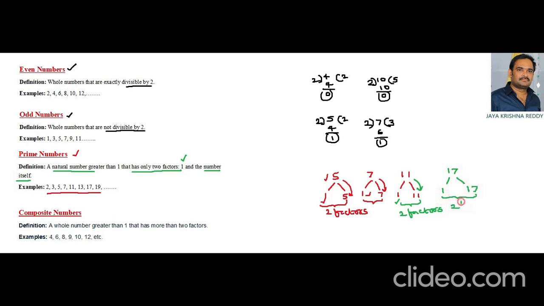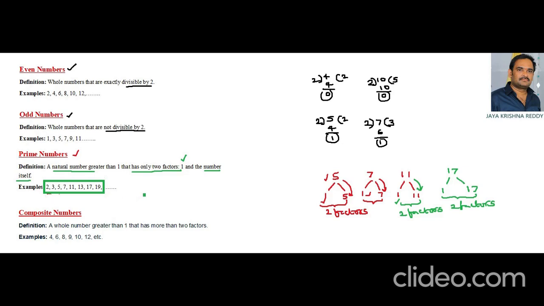So a prime number is divisible by only two numbers, 1 and the number itself. So remember the first 8 prime numbers, you have to learn these by heart. This will be useful for prime factorization from the first chapter.